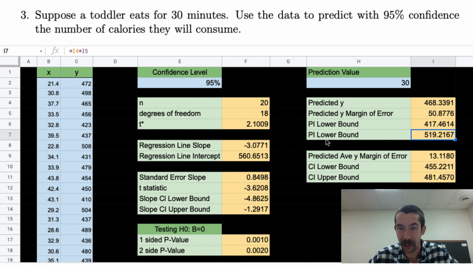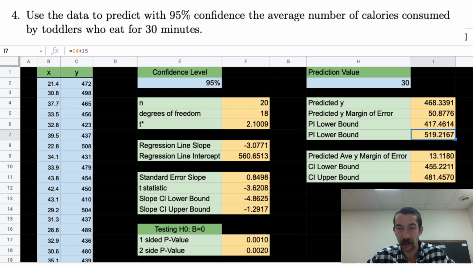So notice I have a typo, so I'll have to fix that. And so if a toddler eats for 30 minutes, we could say with 95% confidence that they'll consume somewhere between 417 and 519 calories.